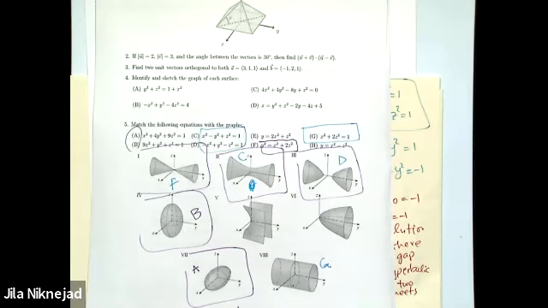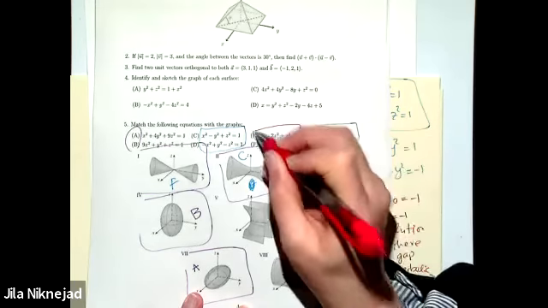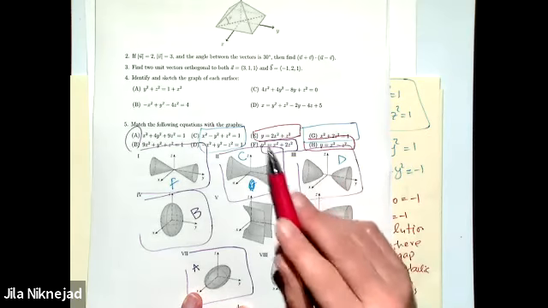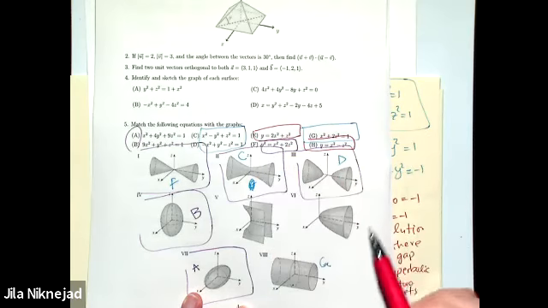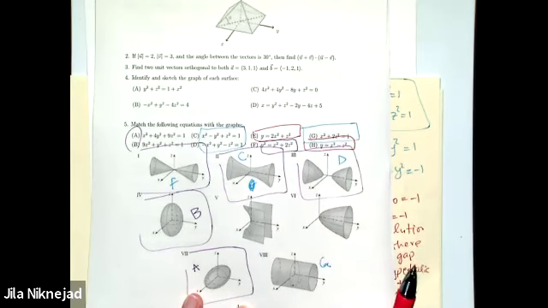Now, what is left are the two where y doesn't have power 2. But the other two variables are power 2.